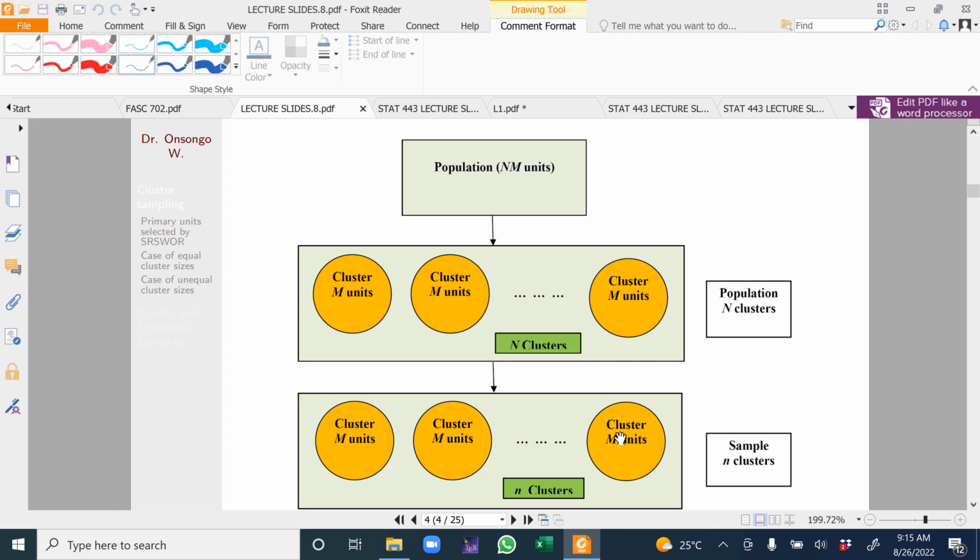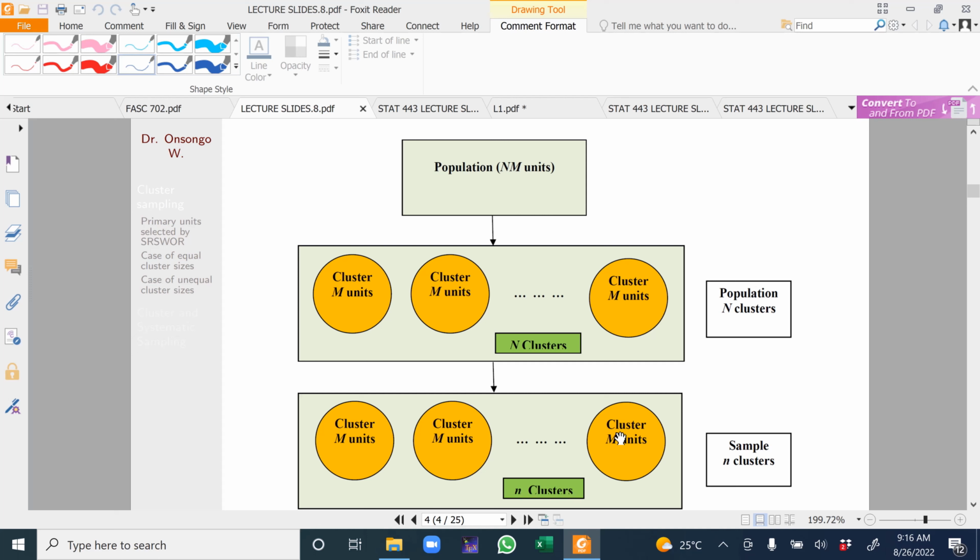The best illustration of cluster sampling is we consider the Republic of Ghana as our population. Let us consider our Republic of Ghana as the target population, and this Republic of Ghana is divided into 16 regions.